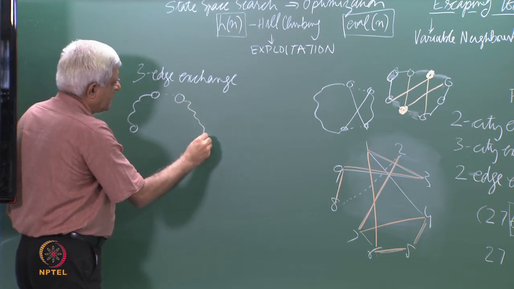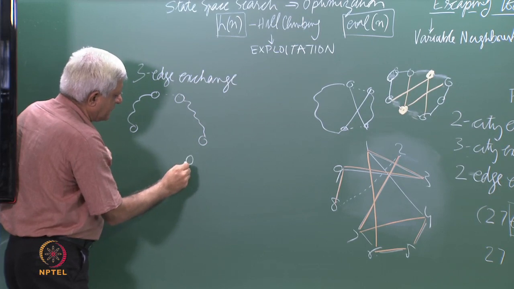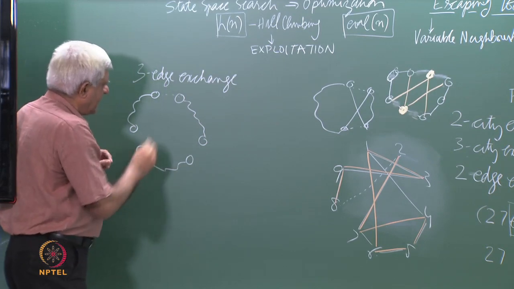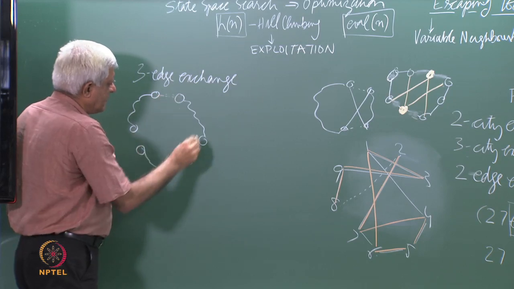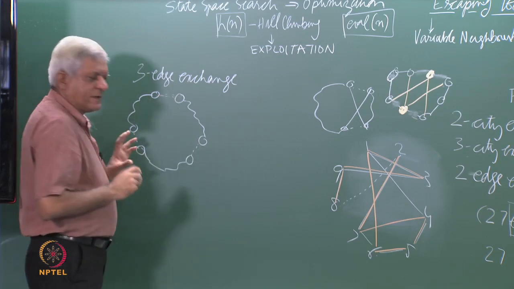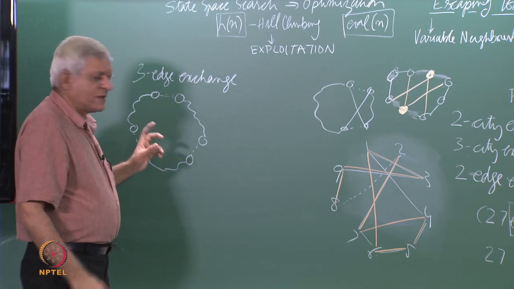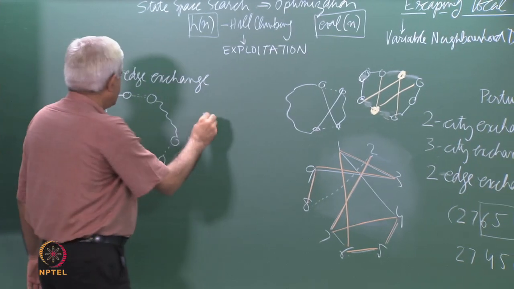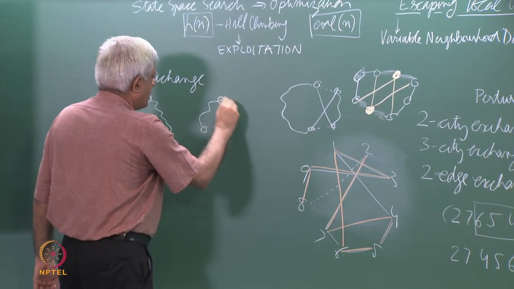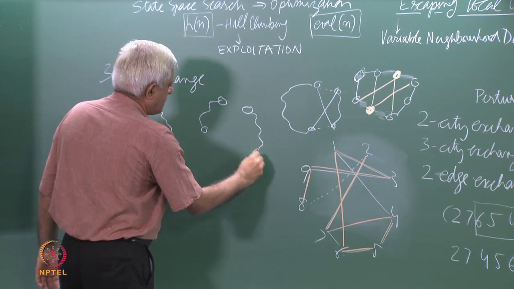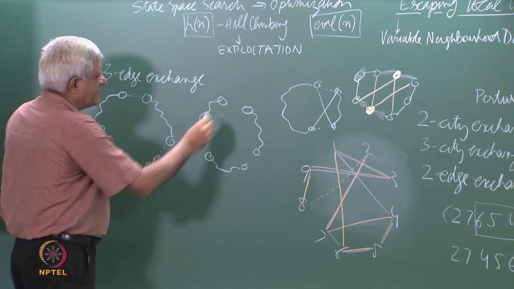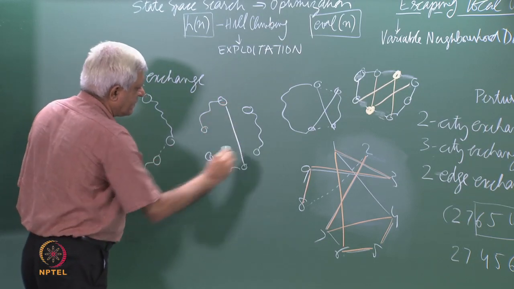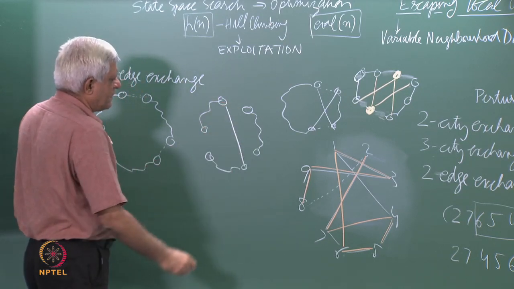In 3 edge exchange, let us say this is the original tour given to me, and I am removing these 3 edges. So, one is this one, one is this one, and one is this one, and now you can see that you can put them back in different ways. So, one way you can put them back is that you can connect this to this from here.